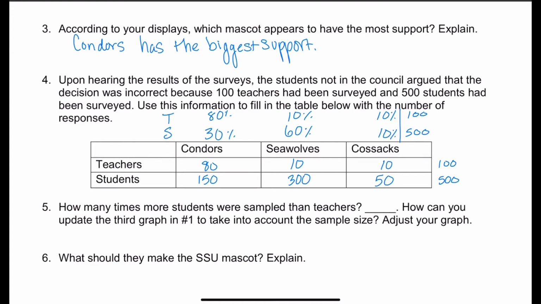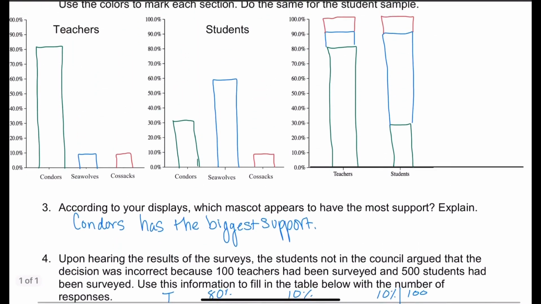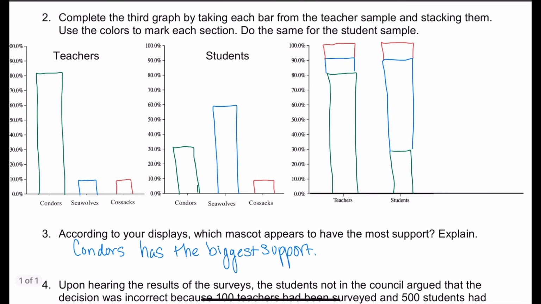And looking again at this data and our sample sizes, well, we know that there were 5 times the amount of students than there were teachers. So what we need to do is adjust our graph to represent that. So let's say one of these bars on the right graph is 100.